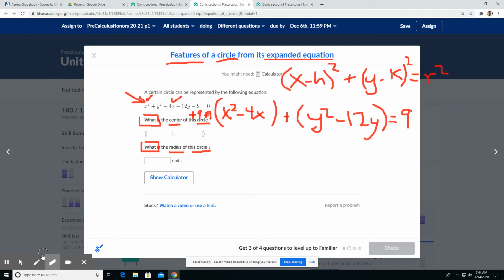All right, so let's start with x squared minus 4x. Okay, our b is negative 4. So that's our b. So it's going to be b over 2 quantity squared. For our side work on this one, it's going to be negative 4 over 2 quantity squared, which is negative 2 quantity squared, which is equal to positive 4.